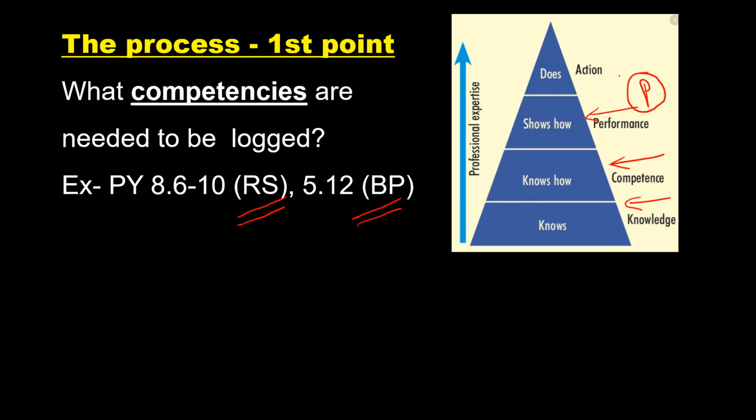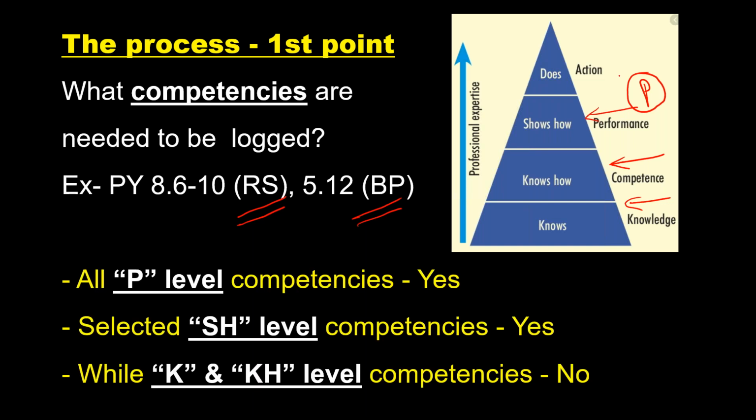P competencies in physiology are somewhere between 10 and 15, to be precise 13. Out of these four types of competencies, know-how, show-how, and P, which competency is needed to be logged? We have all P competencies. Definitely yes, they must be in the logbook.